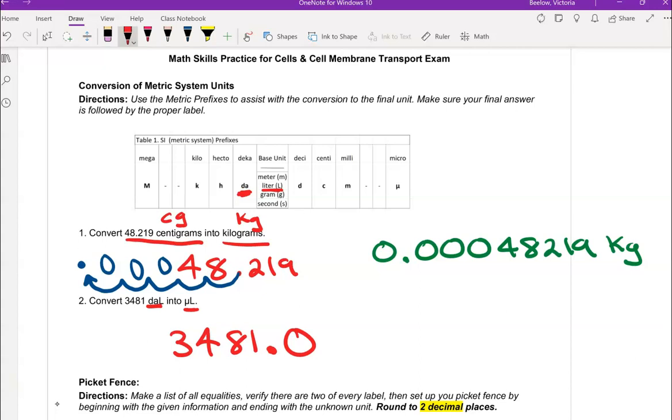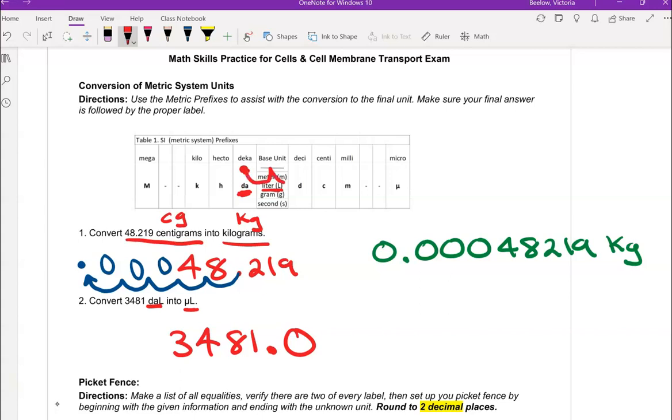So again, on my chart here, I'm going to start with the unit I was given, which was decaliters. I'm going to move the decimal until I get the unit I want my answer in, which in this case is microliters. So I'm going to start at deca right here, and I'm going to move until I get to micro. Remember, each box is a space or a placeholder or like a decimal place.